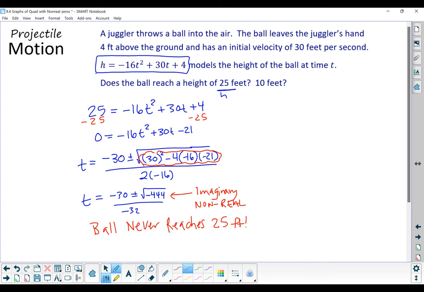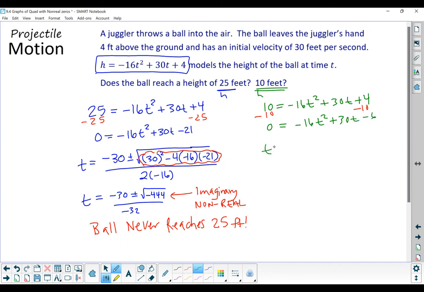So now let's answer this second question. The second part says, does the ball reach a height of 10 feet? So again, that's an h value. So we'll put it in the equation for h. 10 equals negative 16t squared plus 30t plus 4. And we will subtract 10 to get our 0. So we have 0 equals negative 16t squared plus 30t minus 6.